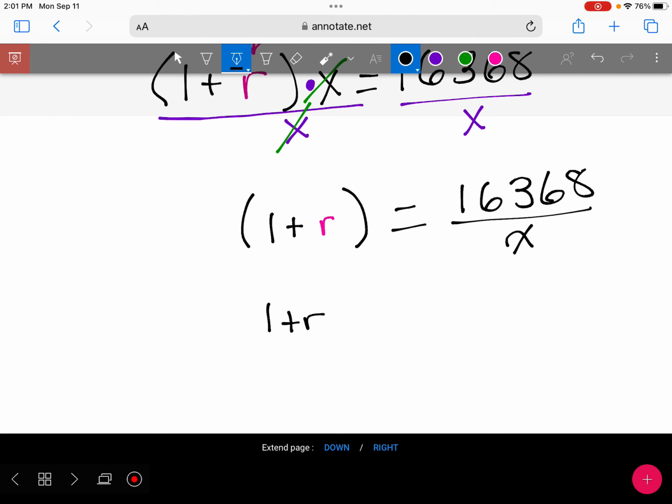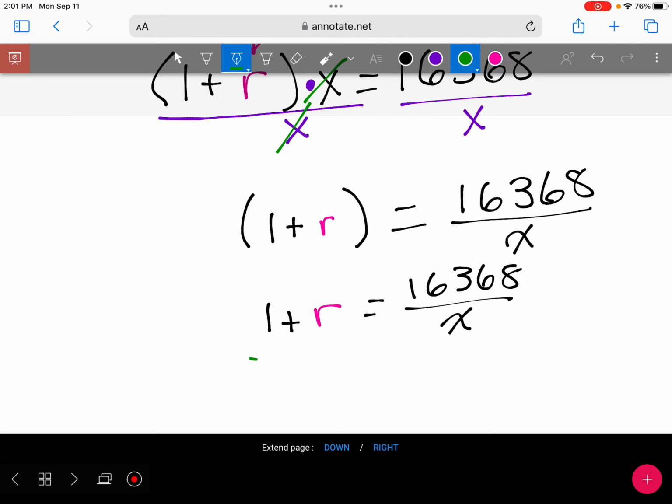1 plus r, switch my r back to pink, equals 16368 over x. And I still want that r by itself. So I don't care if this side's a hot mess. What do I do to get r by itself over there? What do we do with the 1? Subtract 1.